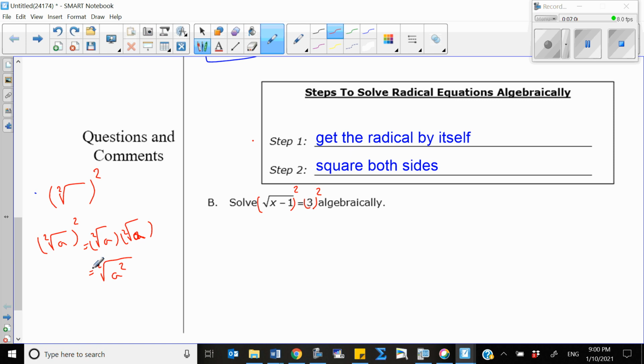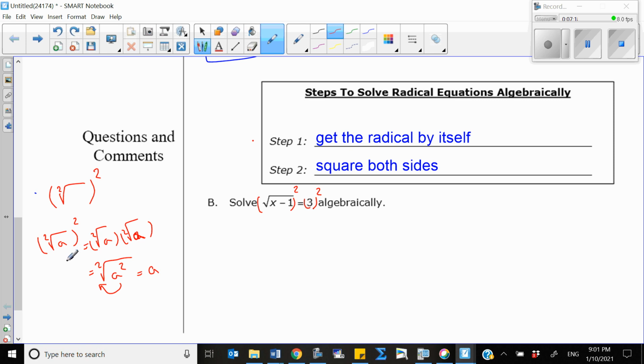So now I have one radical, and under the radical I have a squared. This means I have a group of 2. A squared is a times a, a group of 2, and I can take it outside of the radical. So it's just going to be a.